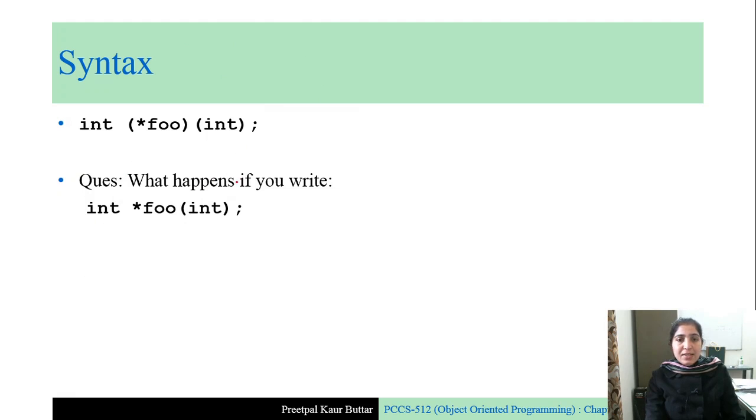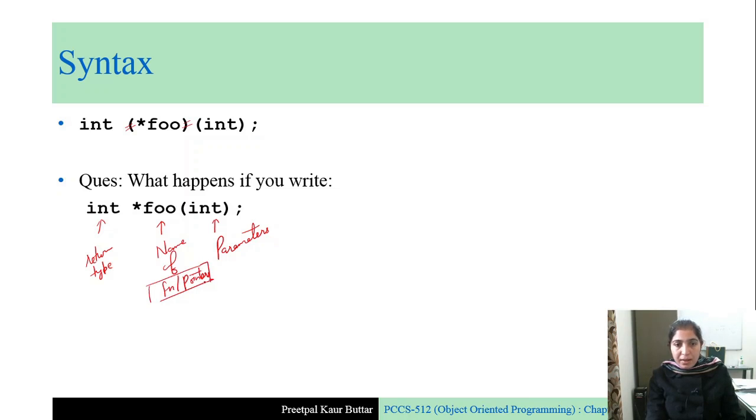Now the question arises, what happens if you skip this parenthesis? You just write int star foo(int). What will happen? This is the return type, and here these are the parameters, and foo is the name of the function or the pointer.